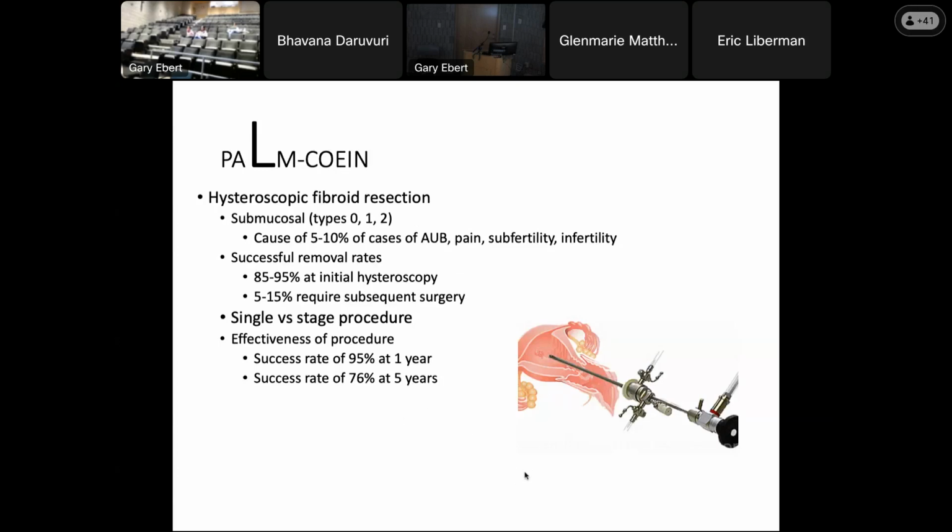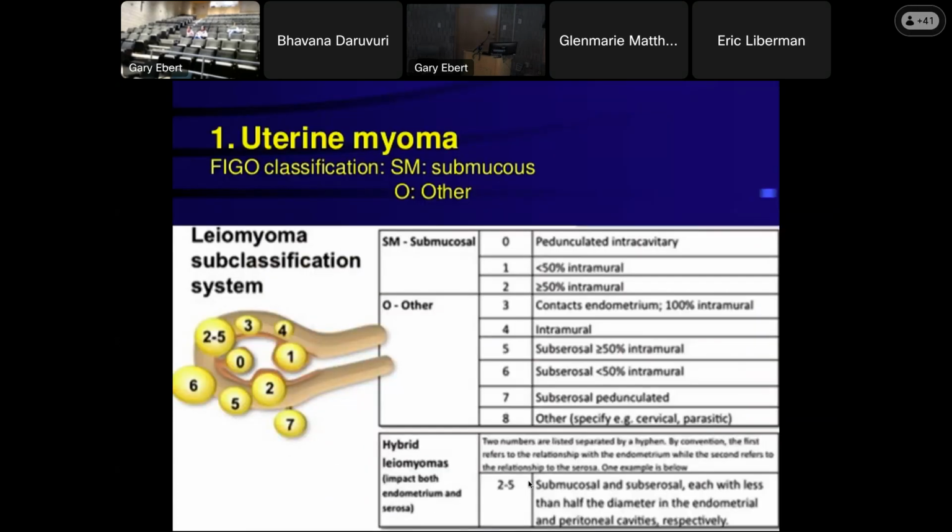Talking about fibroids, submucosal fibroids obviously lend themselves to being resected hysteroscopically. Just to go over the different types of submucosal fibroids, there's a classification system: type 0, type 1, type 2. For the residents, to remember type 0, it's 100% in the cavity: there's a 0 in type 0 and a 0 in 100%.